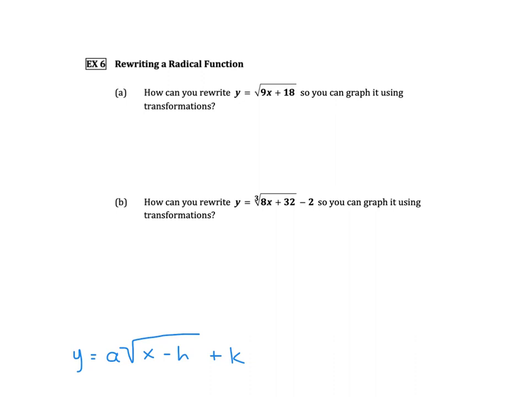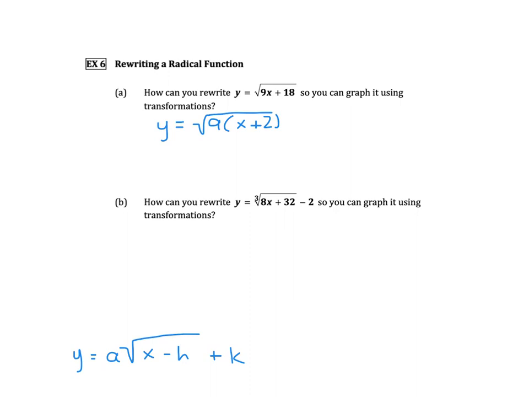So what we're going to do is use a little bit of algebra. What I'm going to do first is just look at my 9x plus 18 and notice that I can factor a 9 out of there as a greatest common factor. And so what that's going to give me is this, y equals the square root of 9, and when I factor it out, that gives me x plus 2 in parentheses.